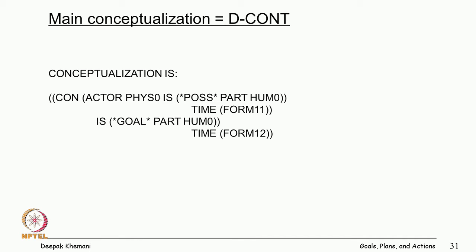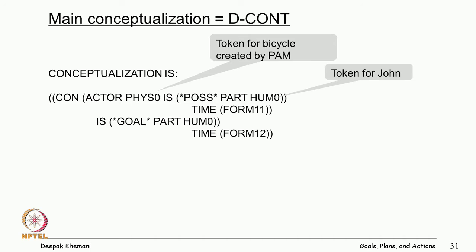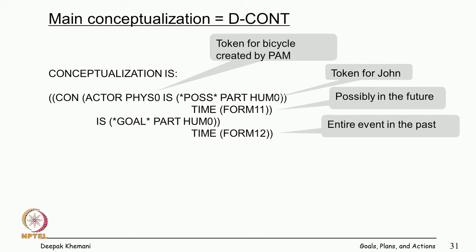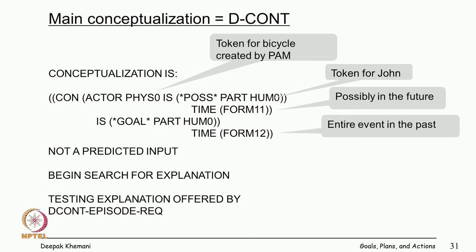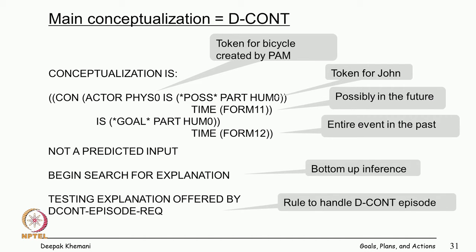So, the main conceptualization that comes into play here is this goal of D control, that there is a bicycle, there is a physical object which is a token which PAM creates for the bicycle, and which PAM calls as Hume 0, and it is a goal that, sorry, it belongs to Bill, and it should belong to John sometime in the future essentially.